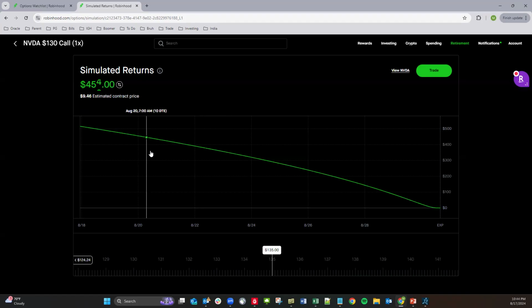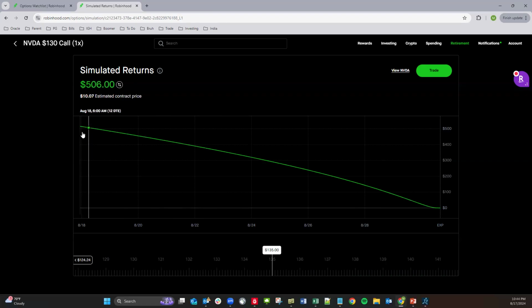And as you move, let's say it stays at 135 itself, your profit tends to decline. So this goes to say that if Nvidia continues to go sideways from 8/20, it got to 135, and after that it remained at 135 throughout this period till 8/30, then your gains are gradually reducing, and down the line on expiry, you will essentially be with nothing, right?